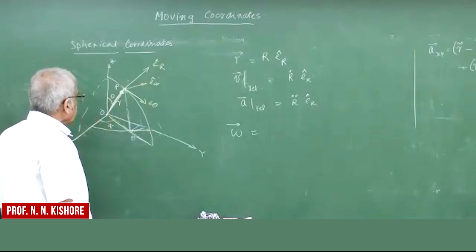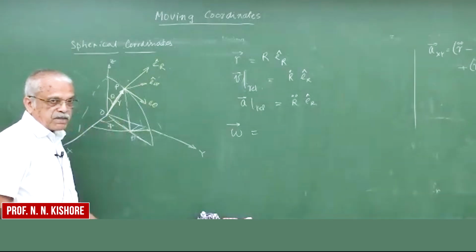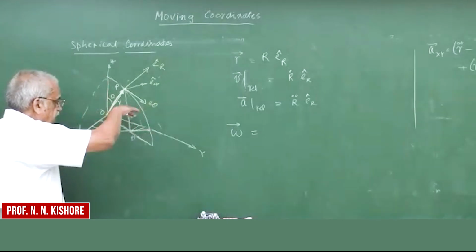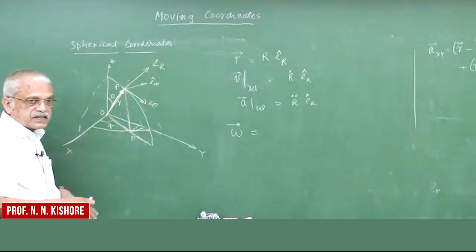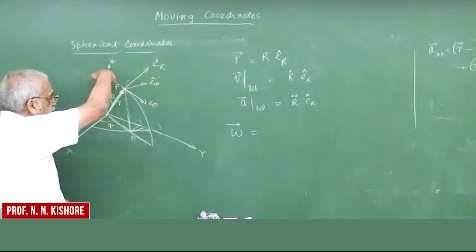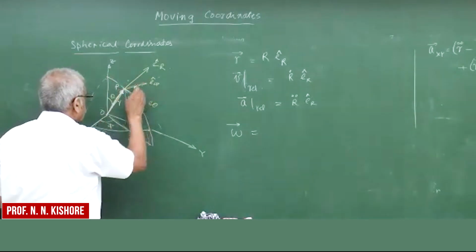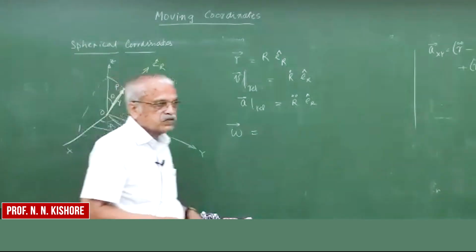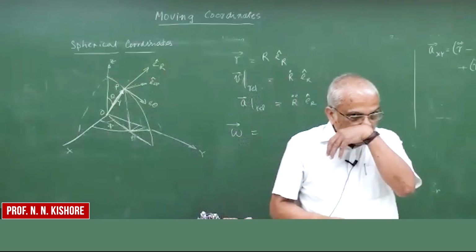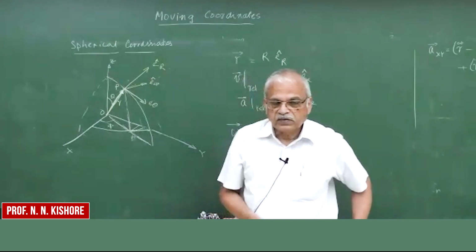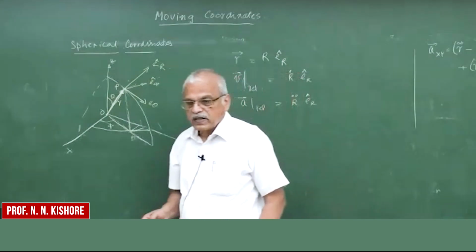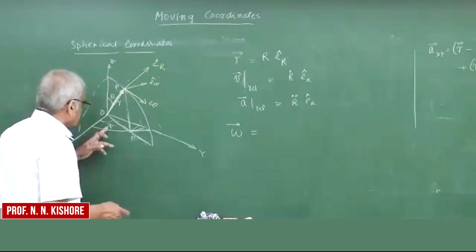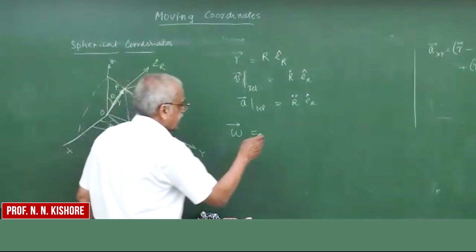So omega is dependent on theta dot and phi dot. Interestingly, if I change phi, what is the angular velocity direction? If the point P is moving like this, and phi is changing, so if you have a phi dot and you want to represent it as a vector, what vectorial direction can you give it?